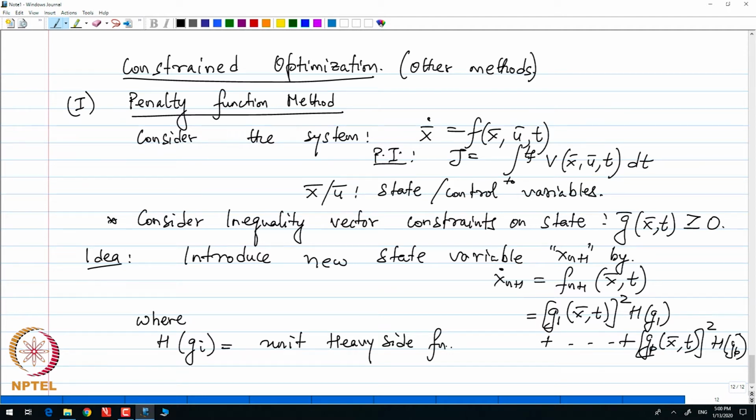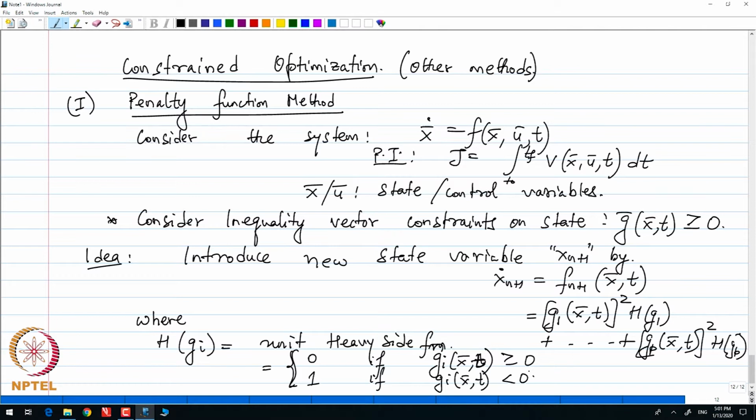This is equal to either 0 or 1. It is 0 if g i of x bar comma t is greater than or equal to 0, and if g i of x bar comma t is less than 0, then it is equal to 1.